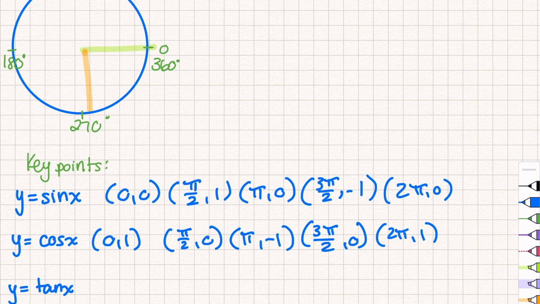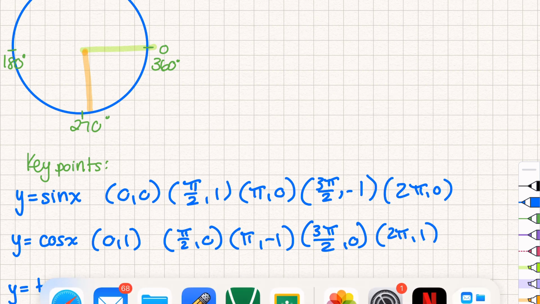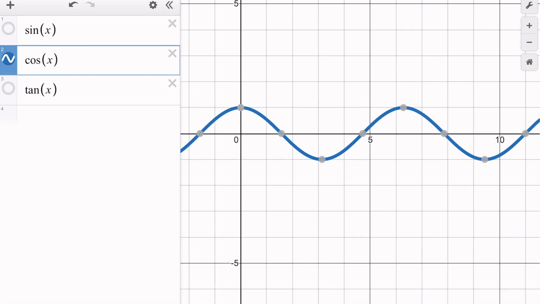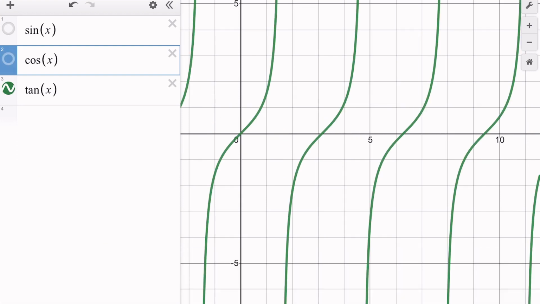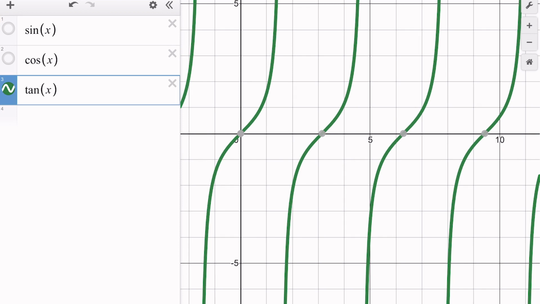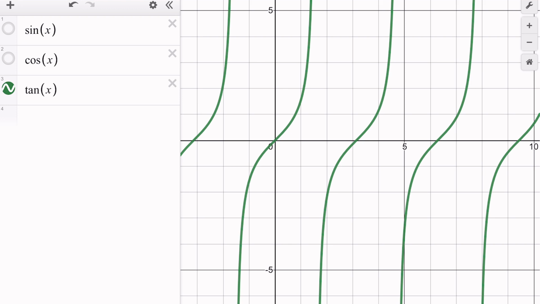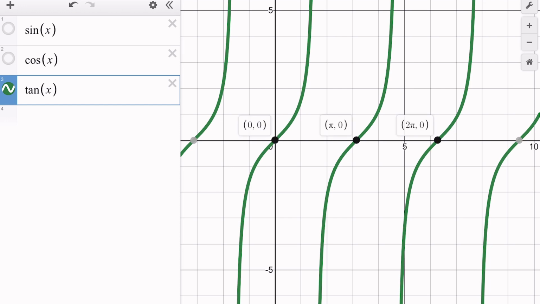And then for tan, we won't really be using tan for transformations, but just so you can get an idea, our key points here are 0, 0, pi, 0, 2 pi, 0, and then in terms of the graph itself, we have asymptotes at negative 1 and 1 approaching.